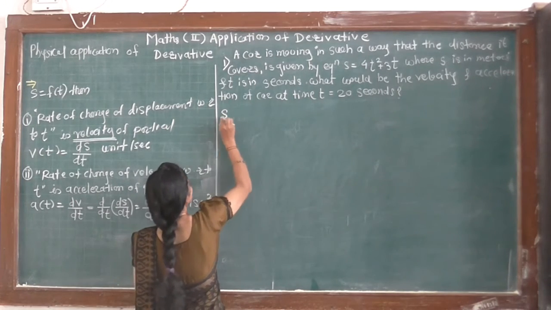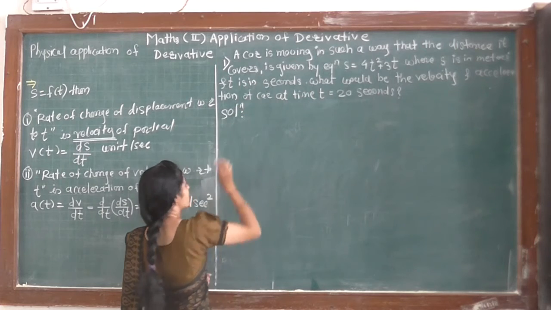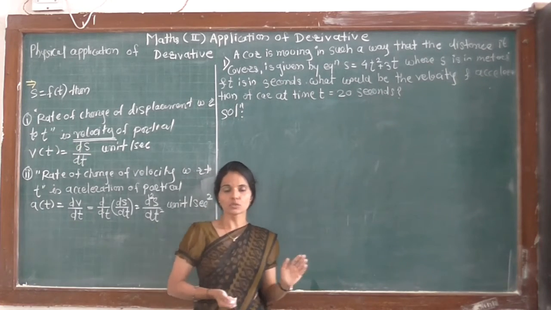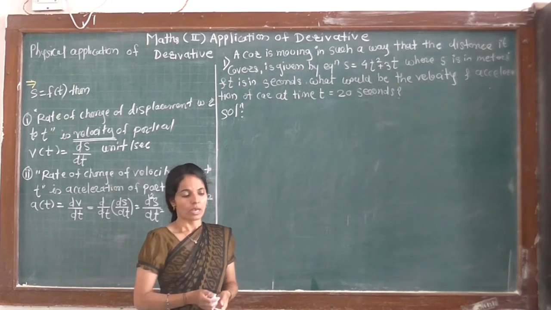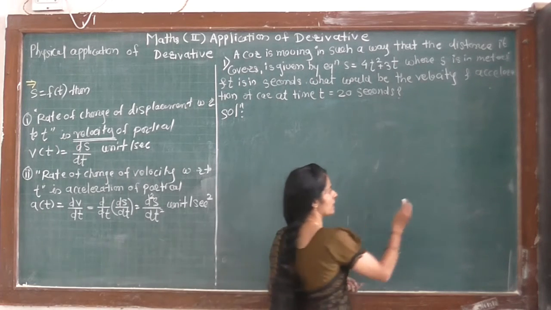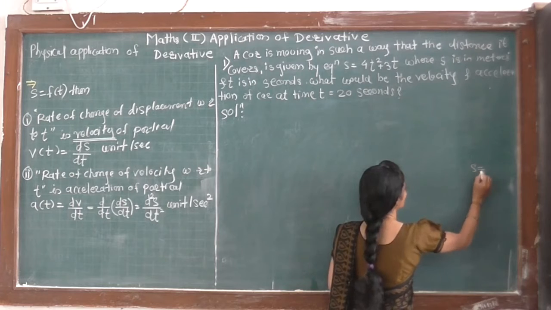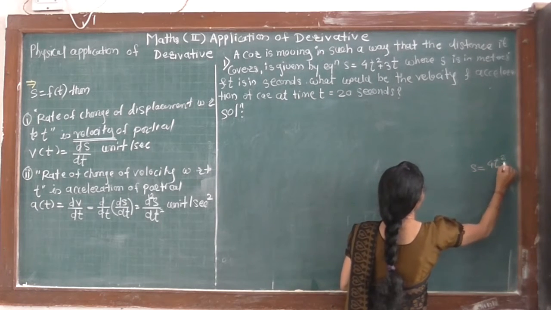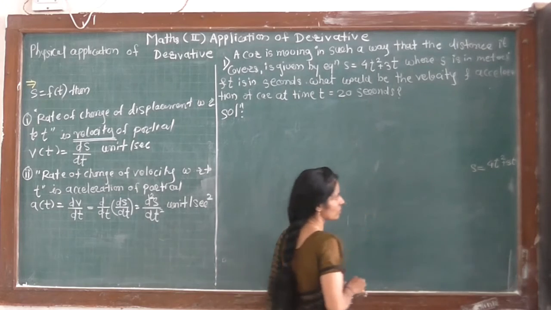Before starting the solution, firstly we analyse which formula we have to use here. Since we are given that s is 4t square plus 3t.